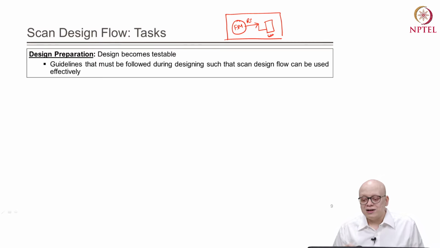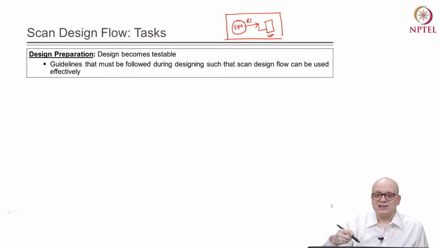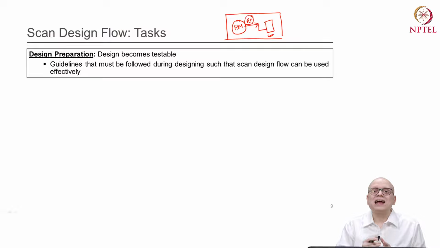Now, if during this testing this reset signal gets asserted somehow, then the scan chain will be broken and our scan design methodology will fail. And therefore, while implementing scan design methodology, we should be careful that the internally generated reset should be deasserted during the scan mode, or during the shift mode. So, this is just an example of one of the guidelines.